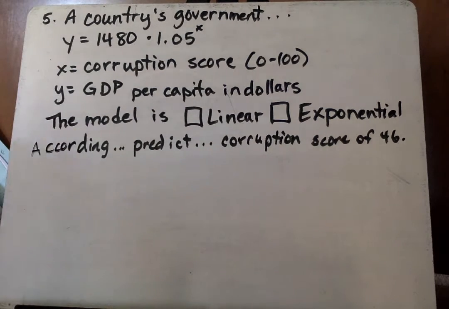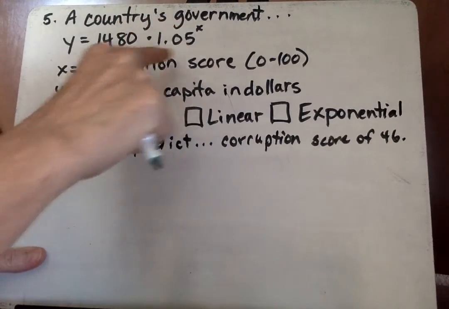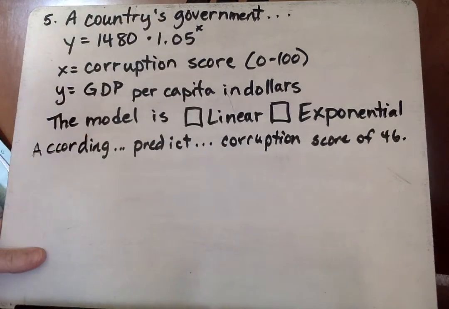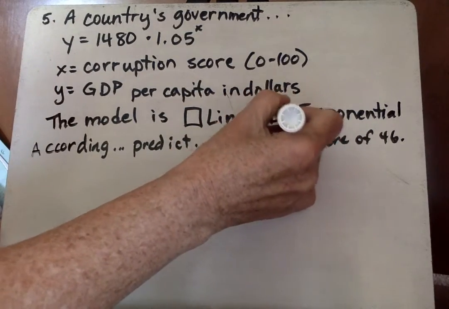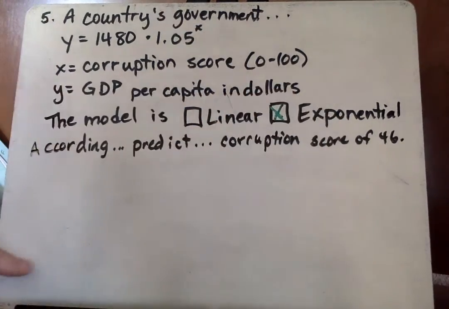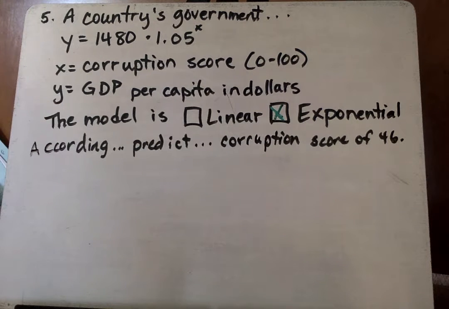Well, since I see this X up here, and it's a little x up there, so that's an exponent or a power, so I know it has to be exponential. Now, we will also need to find out if it is going to be positive exponential or negative exponential.